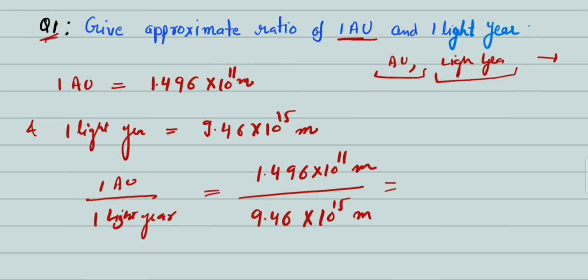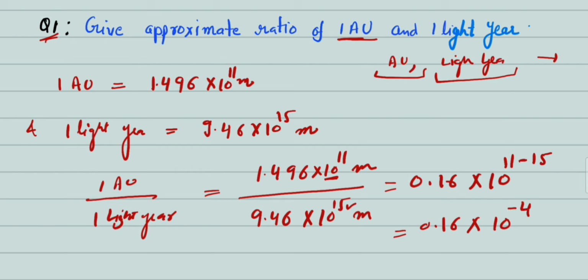Now if we divide these two, we will get 0.16 into 10 raised to power 11 minus 15, which is equal to 0.16 into 10 raised to power minus 4. So if we say the approximate value, we can write this as 1.6 into 10 raised to power minus 4. So this is the ratio of 1 astronomical unit and light year.